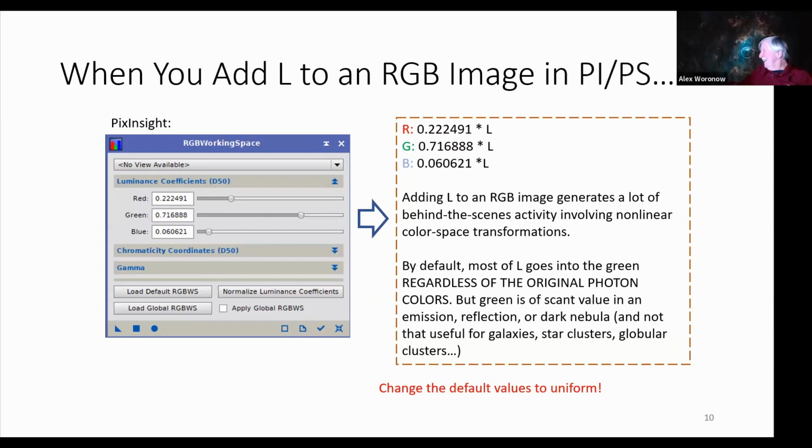When I do my PixInsight processing, I have a template, and most of the icons I use come up automatically. The one next to the title is RGB workspace.